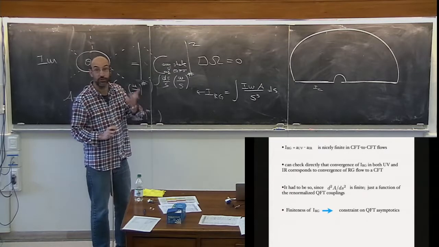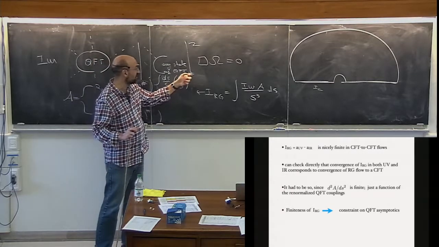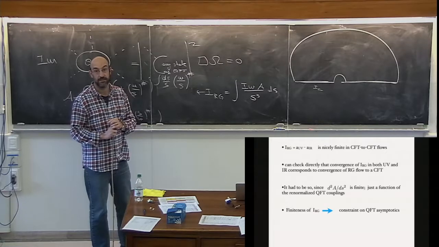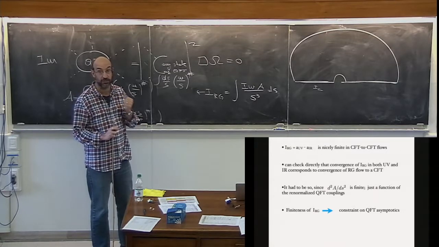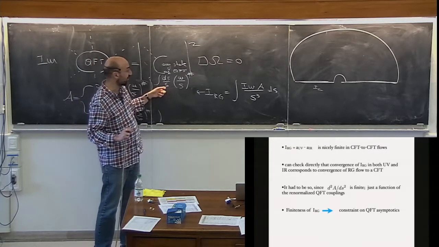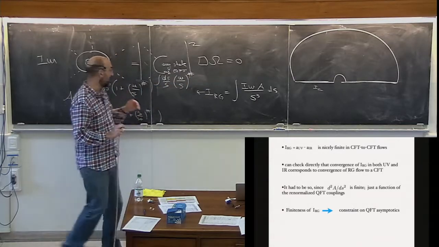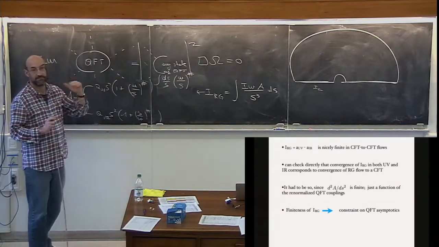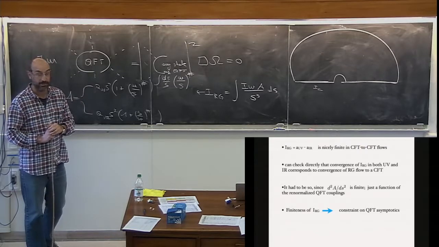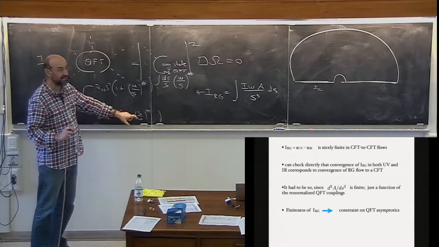And the very definition that the operator is relevant coincides with the fact that this exponent is positive. So you see that there's a connection between convergence of this integral at large s and the relevance of the deformation that is controlling the flow away from the UV fixed point. And the same argument works in the IR, the other way around.